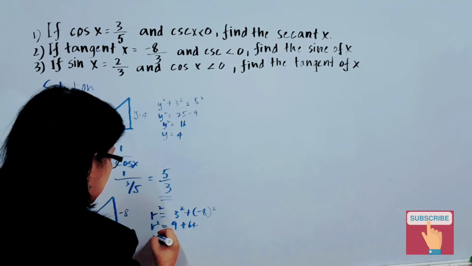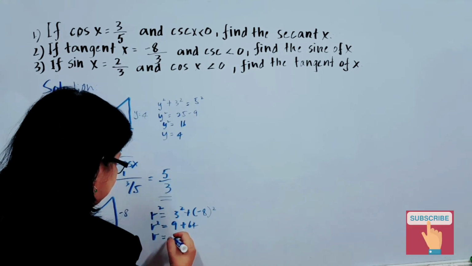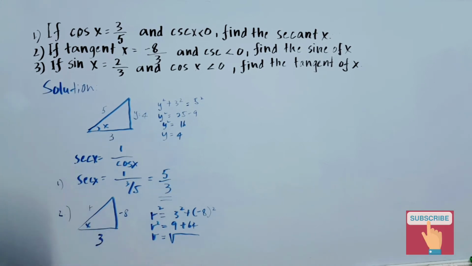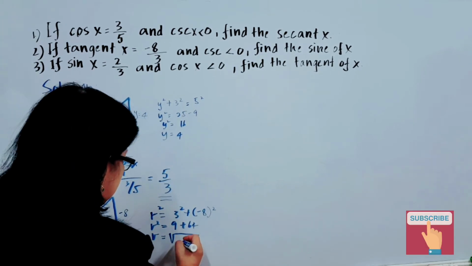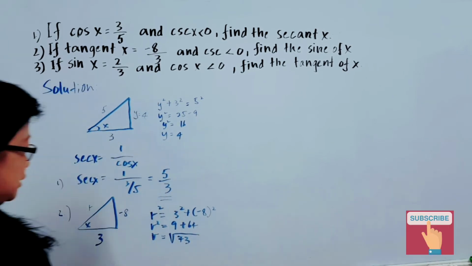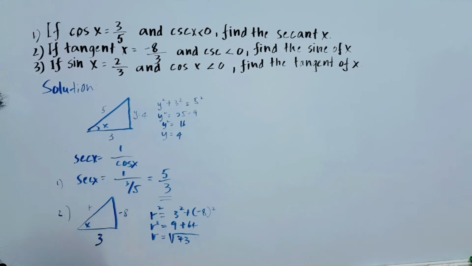Therefore, r is equal to the square root of 64 plus 9, which is equal to 73. Square root of 73. This is the r.